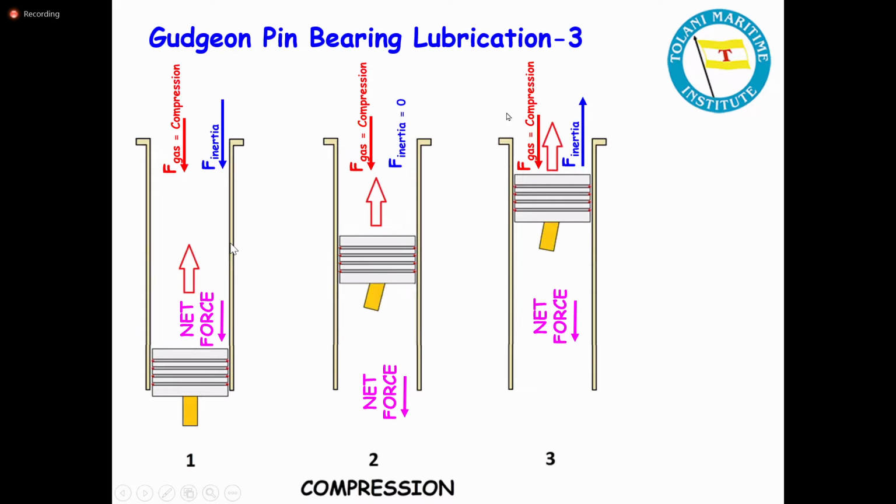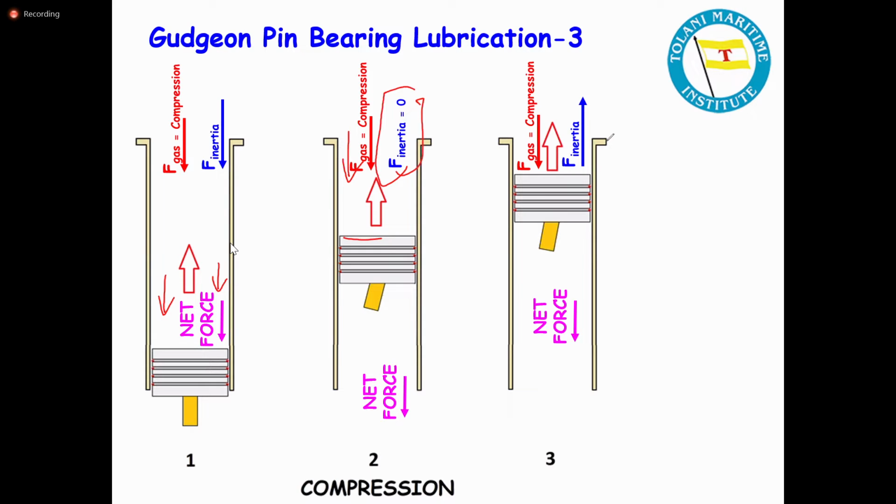Compression stroke, again the three conditions I have shown. At the beginning of the compression stroke, before the piston has reached the BDC and reverses its direction, the gas forces will be acting downwards. The inertia forces will continue to act downwards. When the piston reaches the middle, the inertia forces become almost zero. The gas forces continue to act downwards.